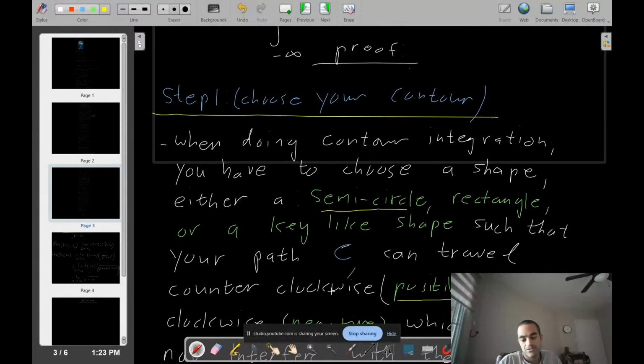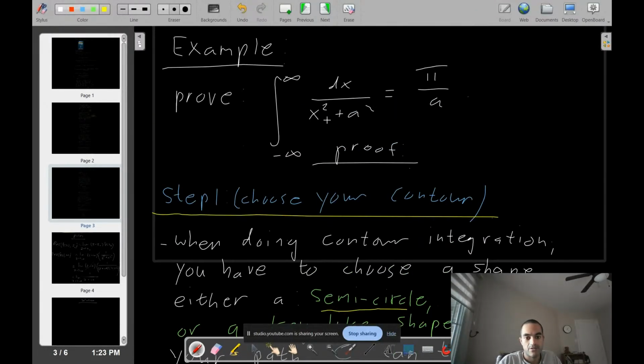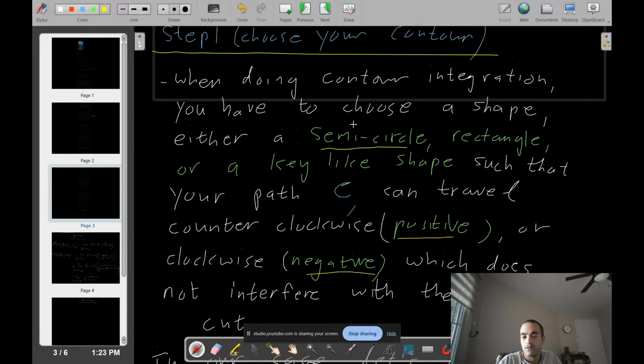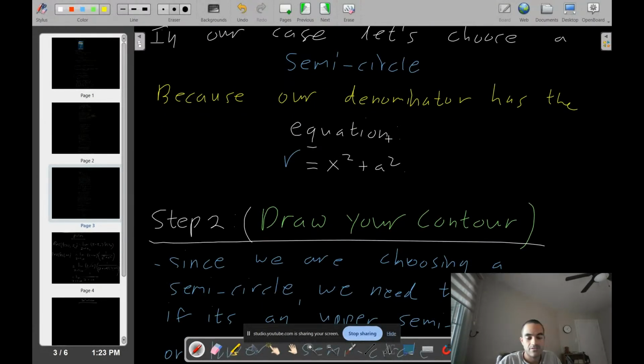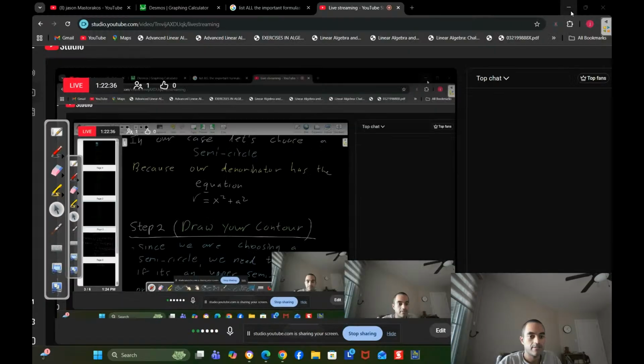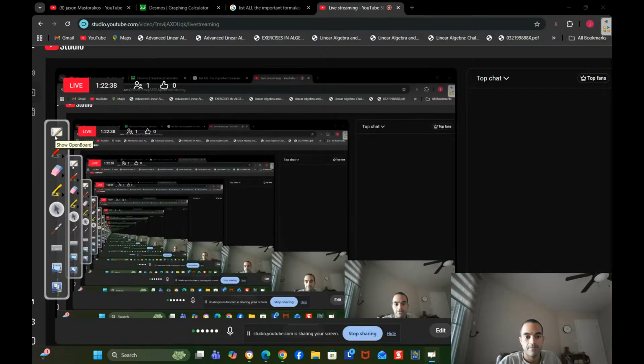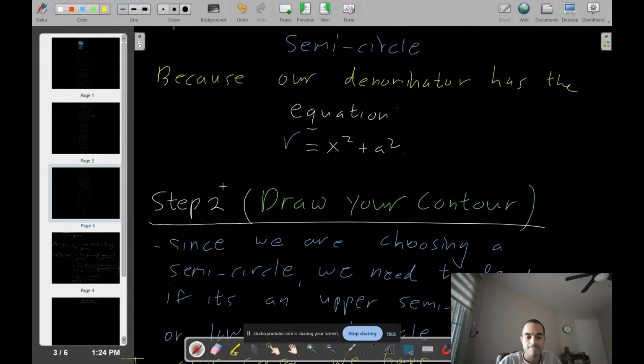In this case, since it's a circle, we have to choose an upper or lower semicircle, not the whole circle, because we may have singularities. The reason it's upper or lower is that we may have to restrict singularities to be outside or inside of the contour. Does that make sense?